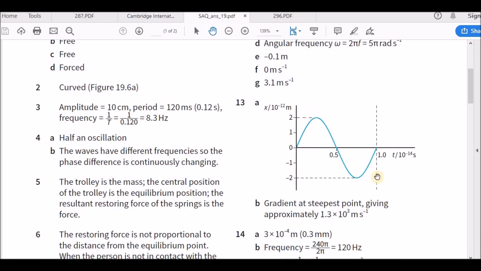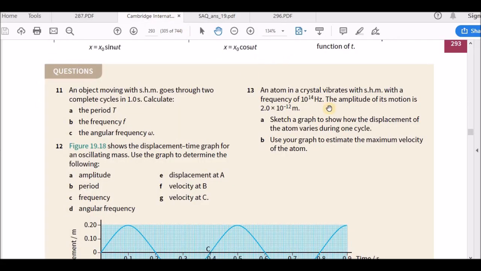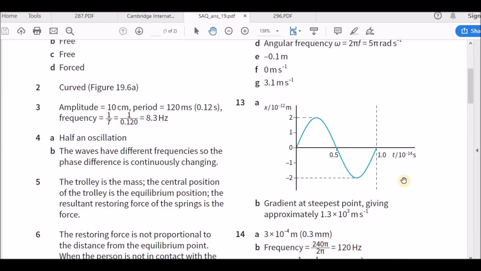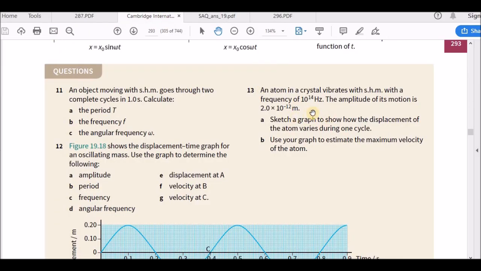See, over here they have shown that the period is 1 second. Frequency is 10 to the power 14 hertz. Okay, not 1 second, 1 times 10 to the power minus 14, because frequency is 1 over period, then period is 1 over frequency, so it will be 1 over 10 to the power 14, which is 10 to the power minus 14.